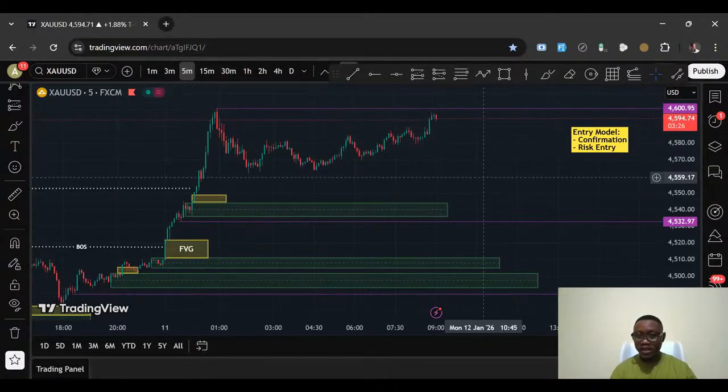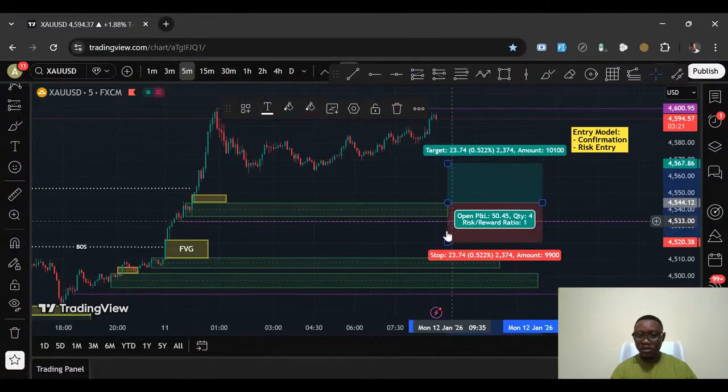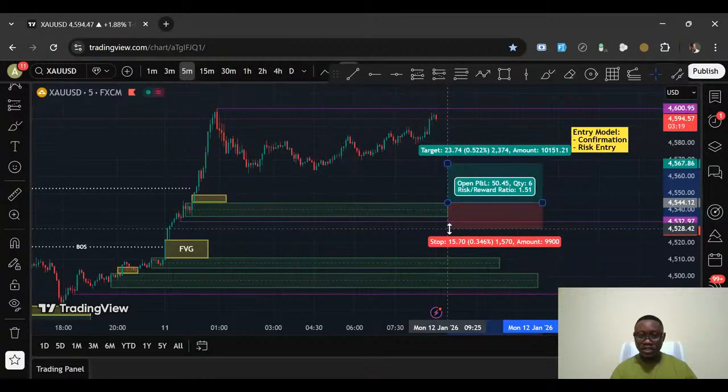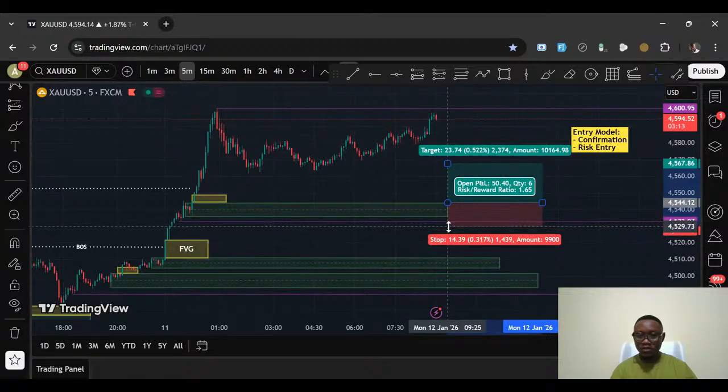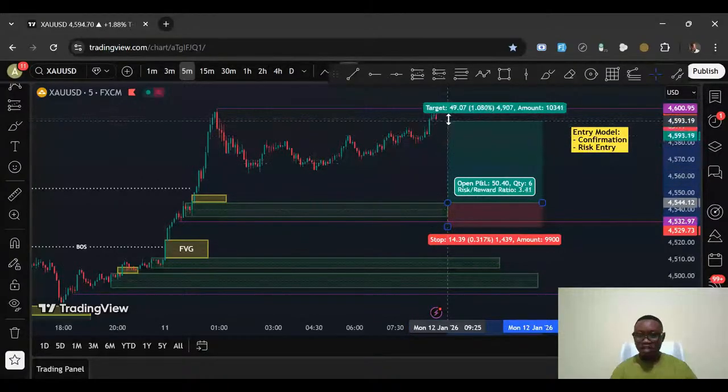So you set the buy limit order, you set your SL, which is slightly below the last swing level. You set your SL there, then you set your TP, right?